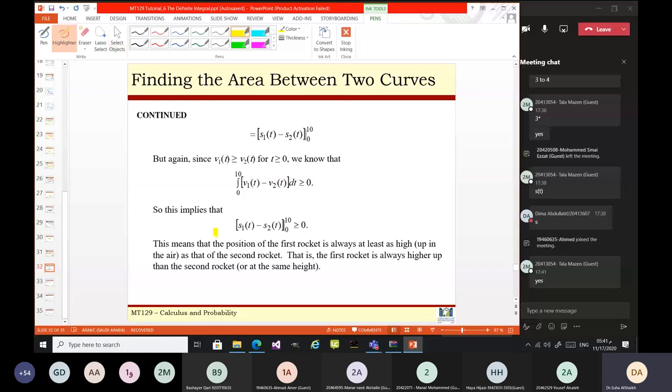So this is the interpretation. This means that the position of the first rocket is always at least as high up in the air as the second rocket. Okay, so the first rocket is always higher up than the second rocket, or the same height, because of this equal sign that we have.